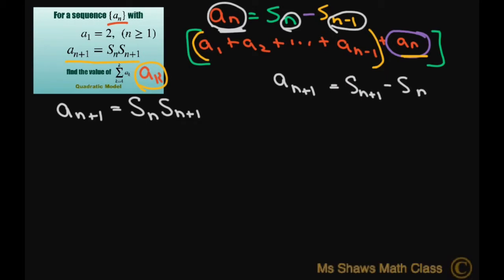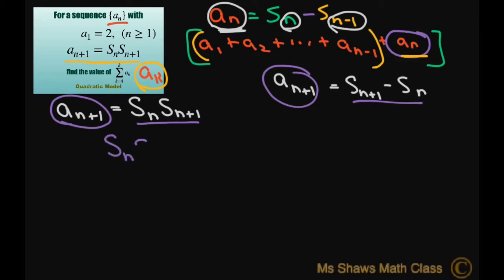I'm doing that so I have two expressions for a sub n plus 1, and so I can set these equal to each other. So s sub n times s sub n plus 1 equals s sub n plus 1 minus s sub n.